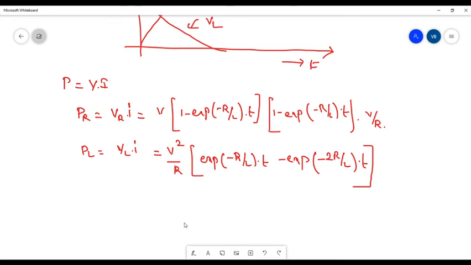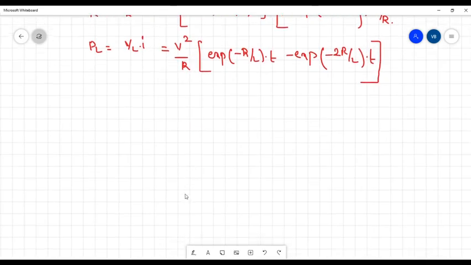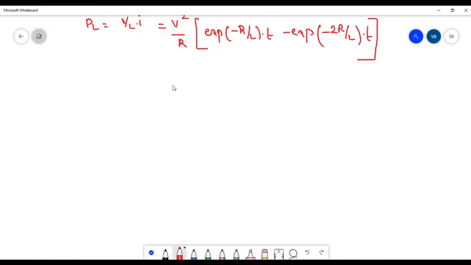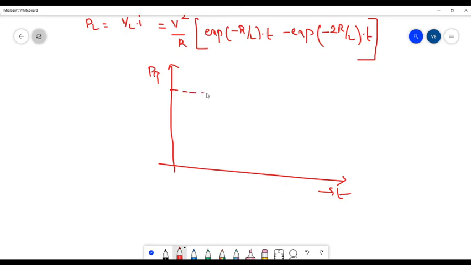If you draw the graph for these two, then the response will be like this. Here t is on the x-axis, and I am taking P on the y-axis. P is nothing but V into I, or else you can take it as V square by R. So this is our V square by R value.